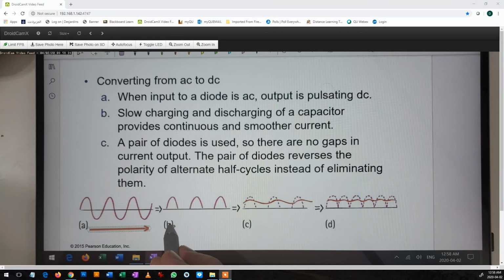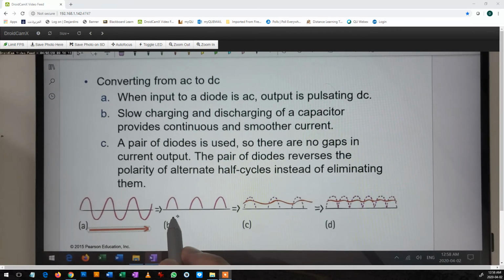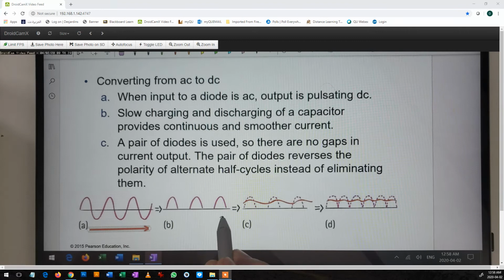After it passes the diode, this will be the shape of the signal, because the diode will allow only the positive current to go through. Negative current it will not let go, so only the positive.